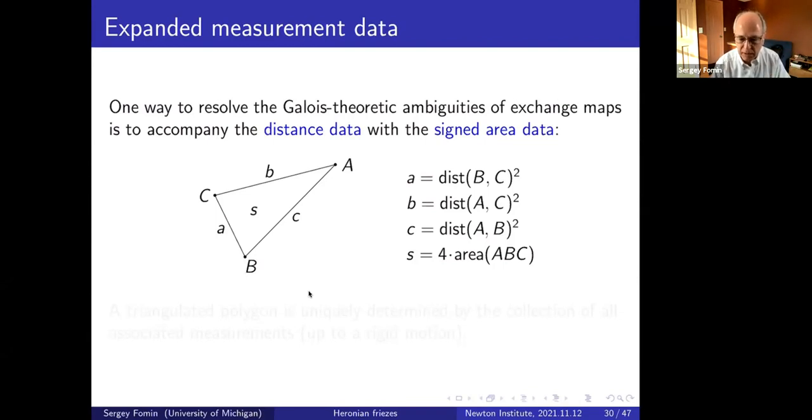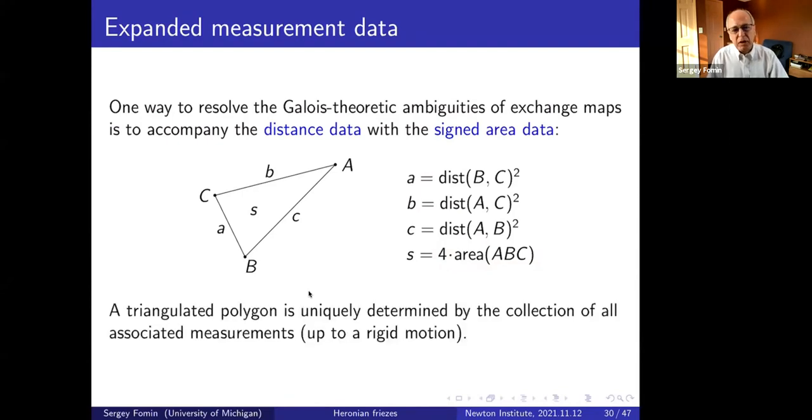Okay, so S is the area. I want to normalize it by a factor of 4. Not important. So I want the area. And there are, of course, 2 different values for the area, right? Which differ by sign. So this is essentially a combinatorial choice, right? But I want to make that choice because you can flip this triangle over and the distances will still be the same, but the area will be different, right?